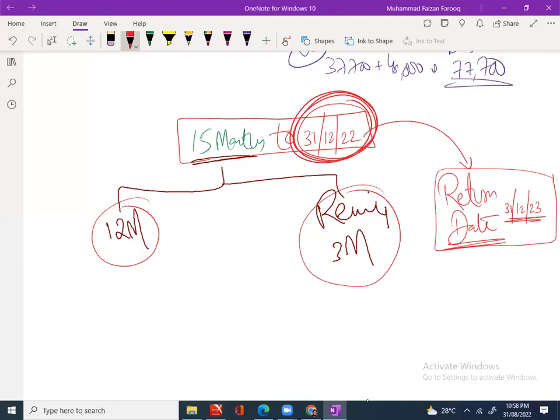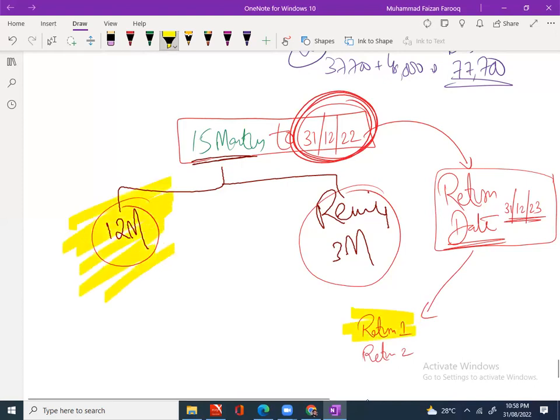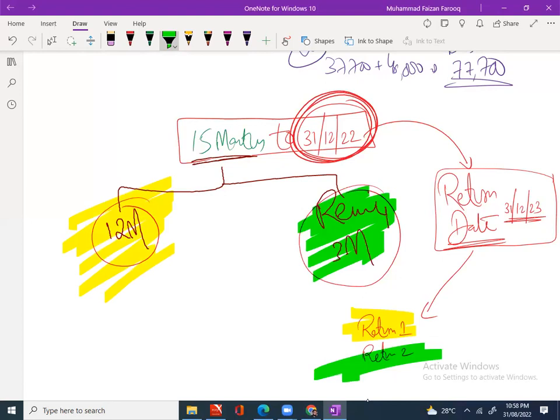On this date, we will submit return number 1 and return number 2. Return 1 will be for the 12 months and return 2 will be for the remaining 3 months. Yes, there will be 2 returns, but the submission date will be one for both of them.